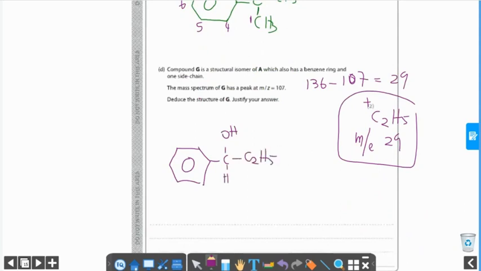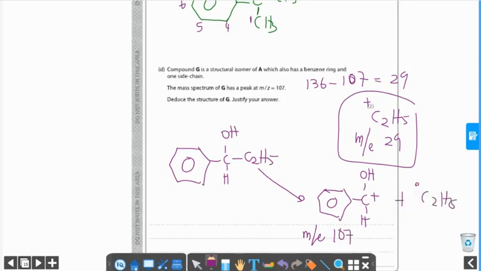So remove the C2H5. When this undergoes fragmentation, this will be the mass to charge 107, and C2H5. Of course, the C2H5 will not be detected because it's a radical when the fragmentation takes place.